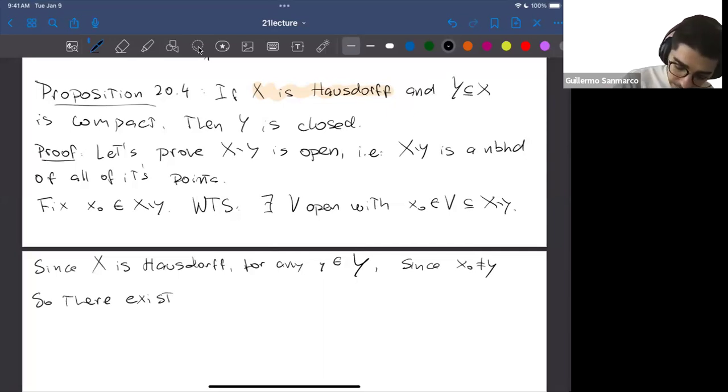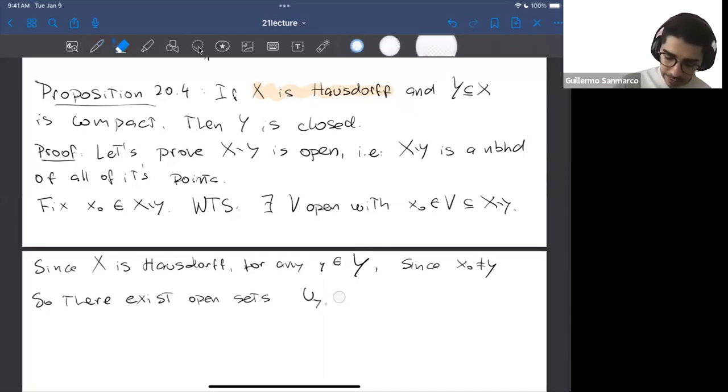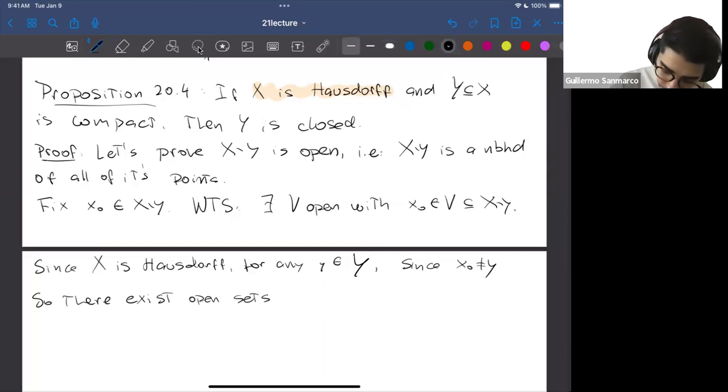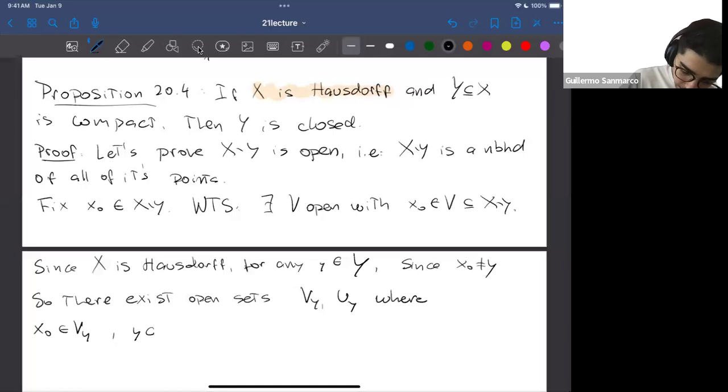So there exist open sets, let's call them U_y and V_y, where x naught lives in V_y, y lives in U_y, and they intersect trivially.